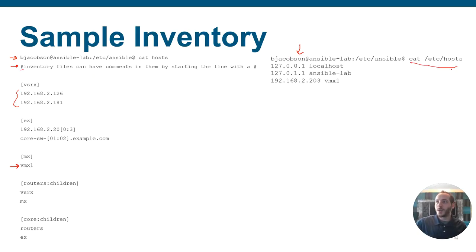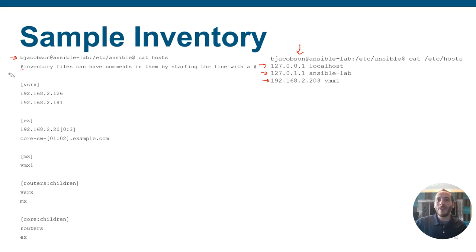So I'm just doing the content right out of our /etc/hosts file. We have our local host and Ansible-lab for our own host name here on our Ansible management node. And then we have that VMX1 is also defined here as 192.168.2.203. And because that is resolvable, we are able to use that within our inventory file.